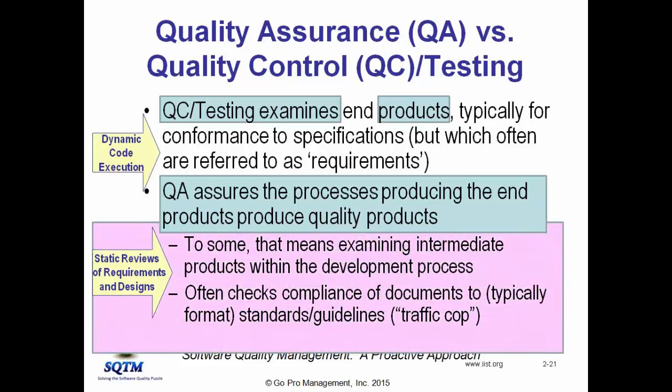Now, what I want you to realize is that examining intermediate products, including various documents, is actually quality control as well. So whether something is an end product, working code, or an intermediate product, requirements, designs, procedures, and so forth, they're still products.